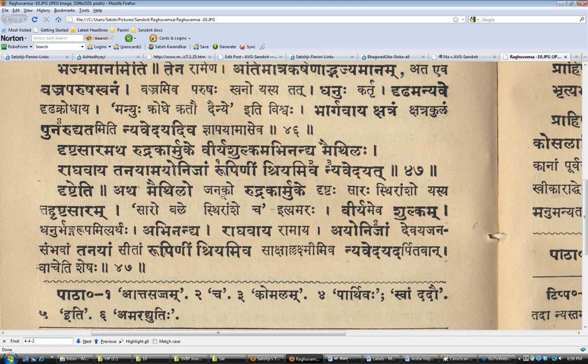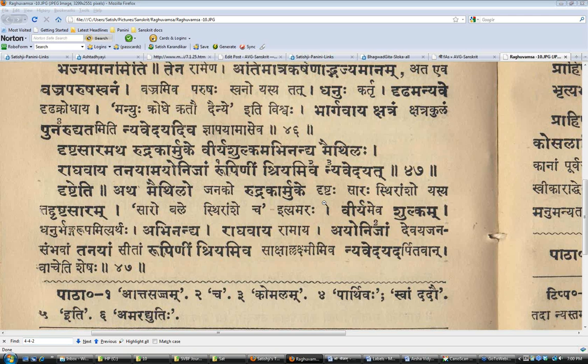Rudrasya, Shashti. Yeah, Shashti Tatpurusha. Shashti Tatpurusha almost never will you get a commentary on that. If it's not commented on, it's probably going to be a simple compound most of the time, or maybe a compound which has come before. Rudrasya Karmuke. So on the bow of Rudra, Dhanushi.